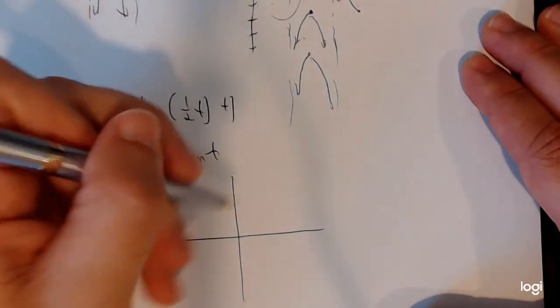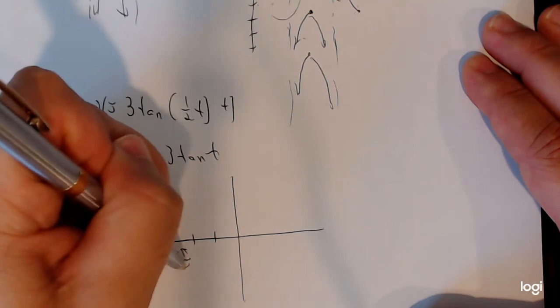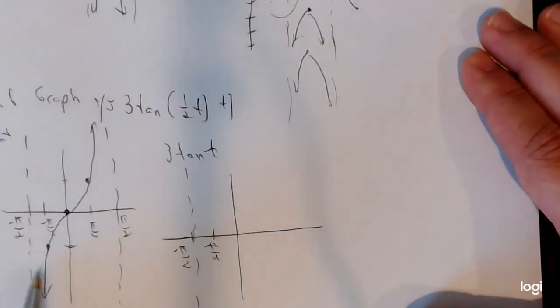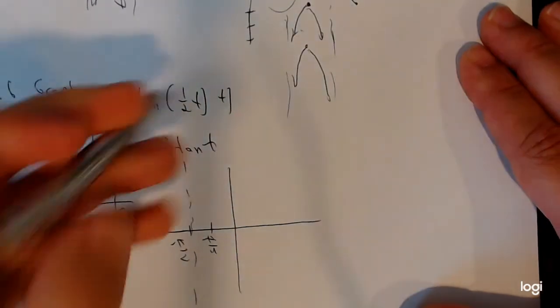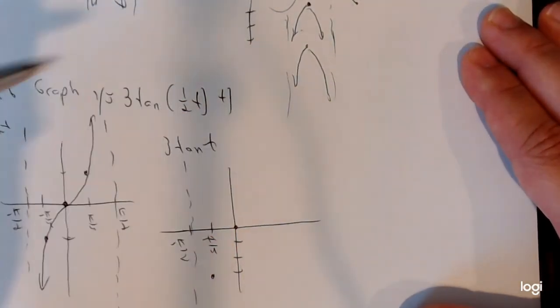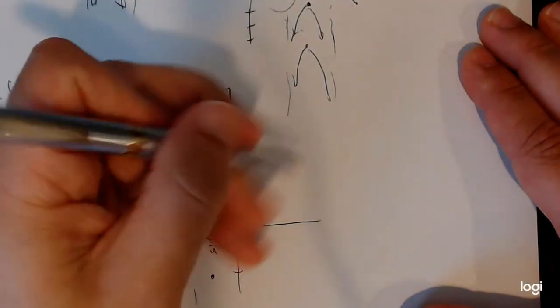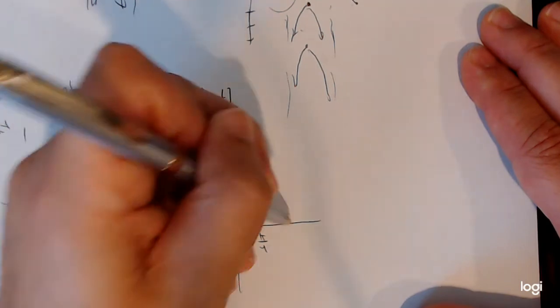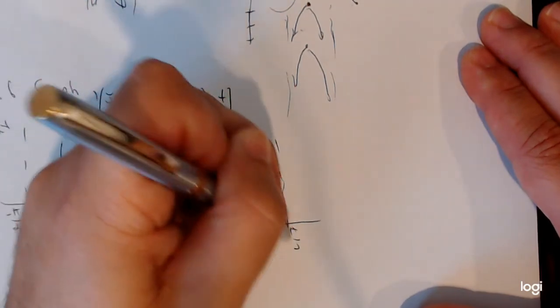Notice how at negative pi over 2 there's a vertical asymptote, and at negative pi over 4 we're at negative 1, but if I multiply by 3, that'll put me at negative 3. 0 is still 0. At pi over 4, it'll be 3. And then at pi over 2, it'll be a vertical asymptote.